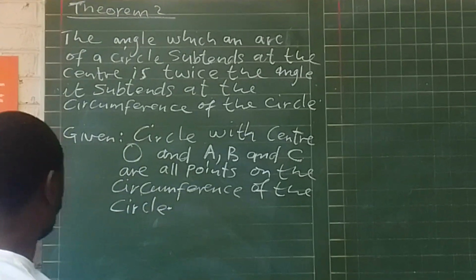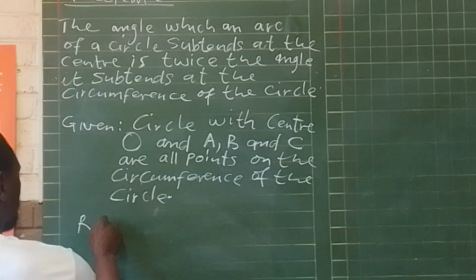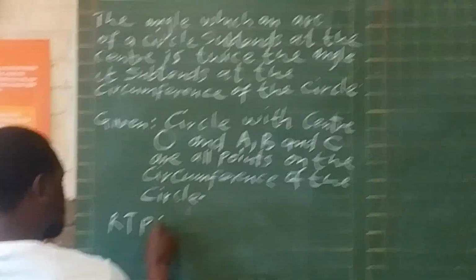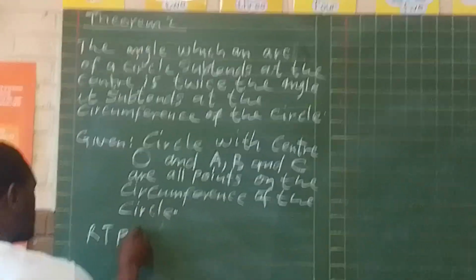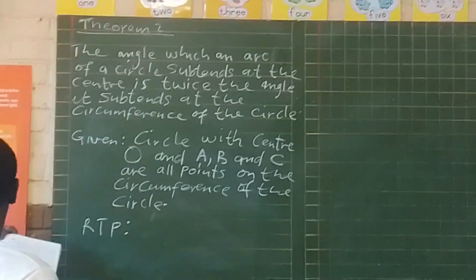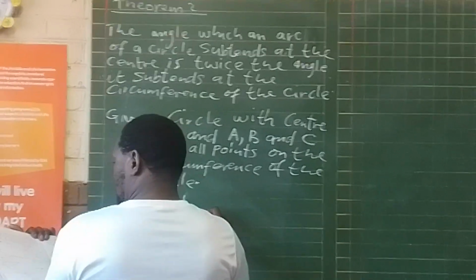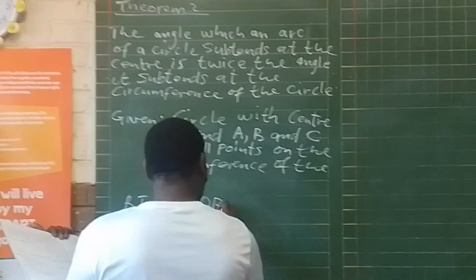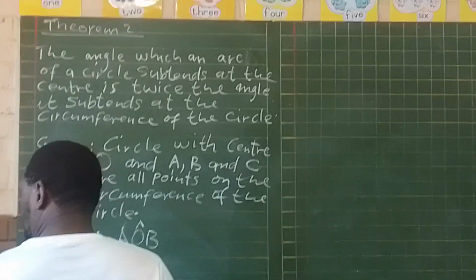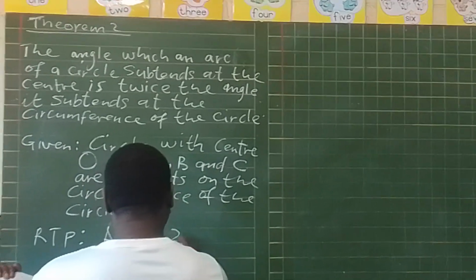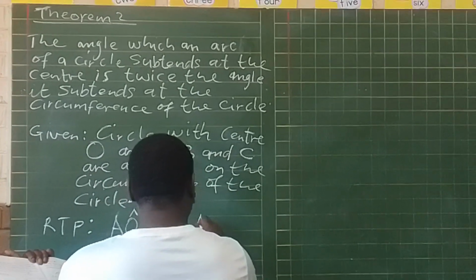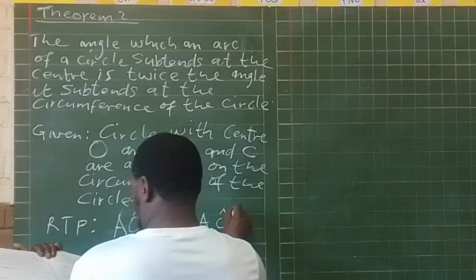You are required to prove (RTP stands for required to prove) that angle AOB is equal to 2 times angle ACB.